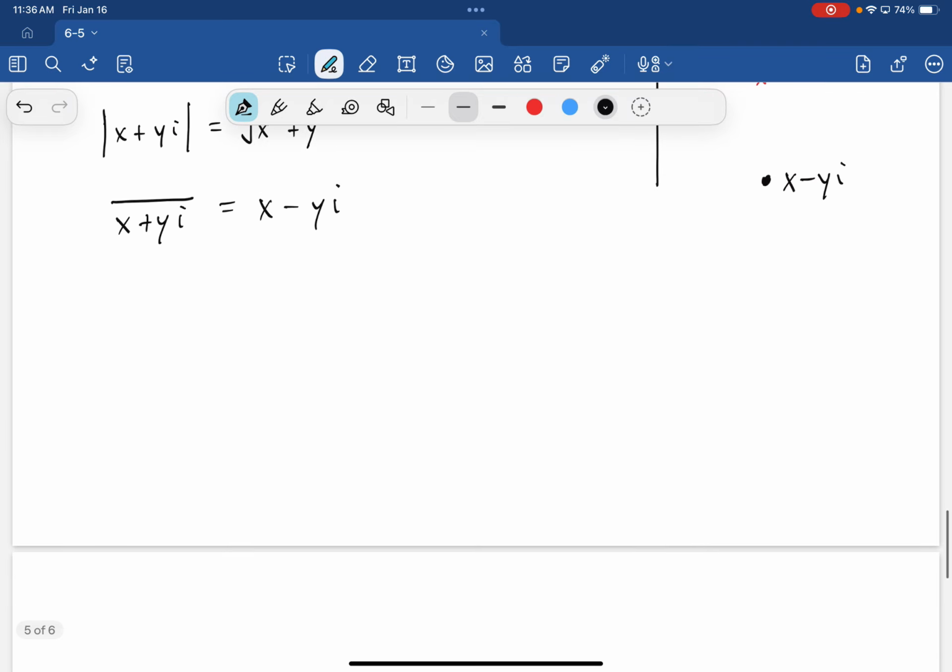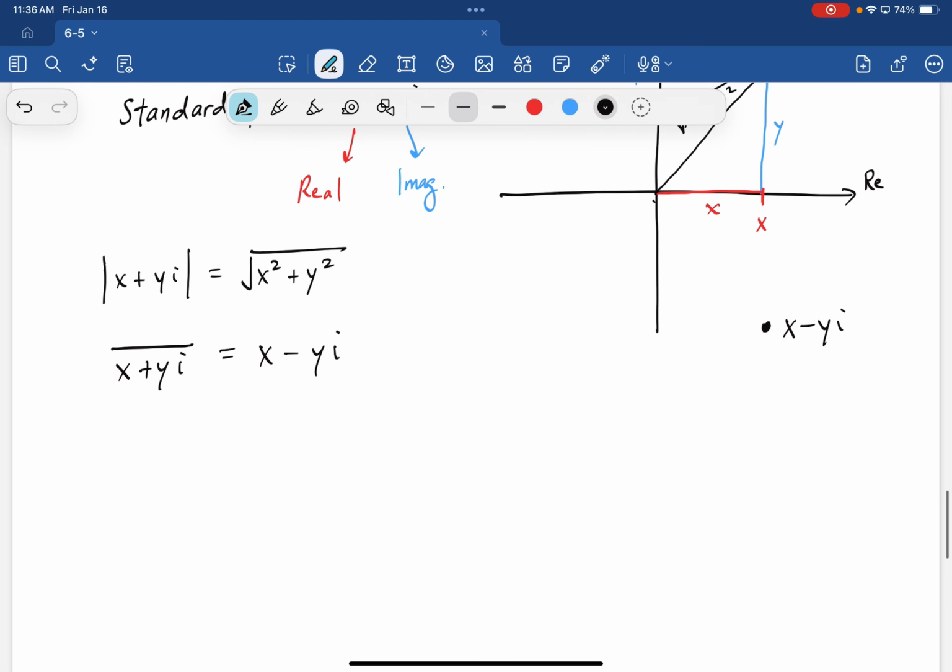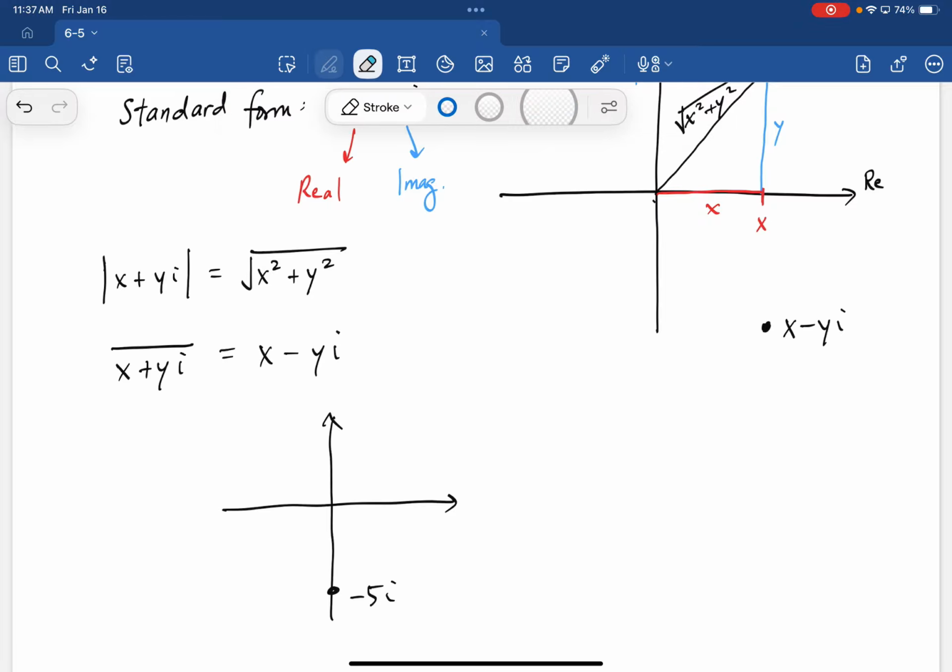Magnitude is 2. Okay, I'll do maybe 1d as an example. Negative 5i is going to be right here. And then the conjugate, which is positive 5i, is going to be here. All right, let's continue.